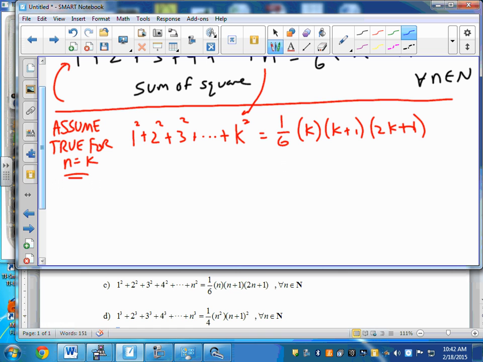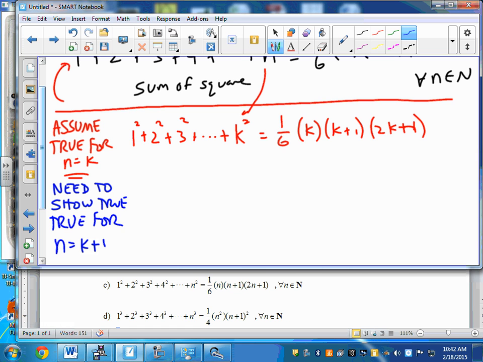Okay, so same proof. We need to show true for the successor, which would be n is k plus 1. And again, you can't just write that. You have to write down exactly what you want to show.